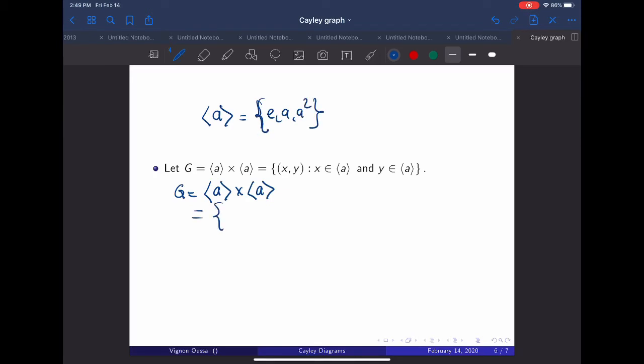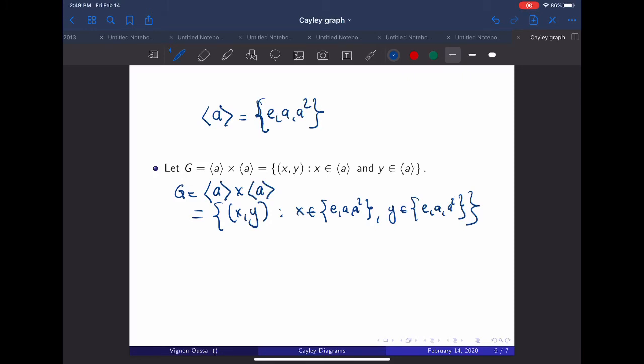This will consist of all ordered pairs of the type XY, such that X is in this set and Y is also in the same set. So we take all possible ordered pairs that we can take from the sets, the group generated by A.